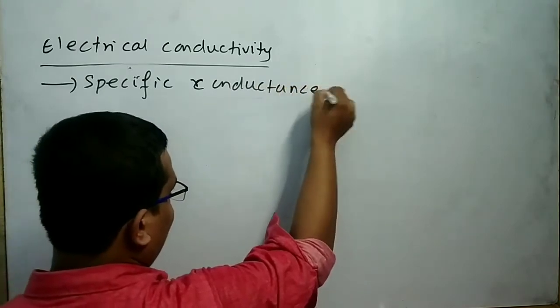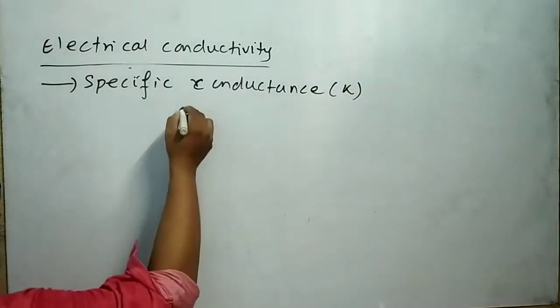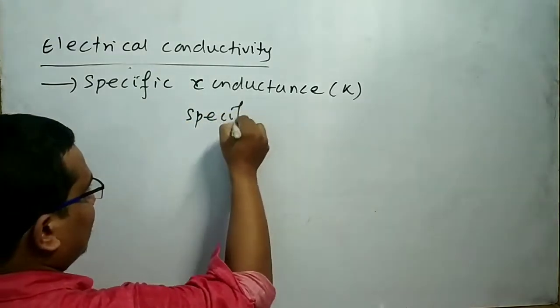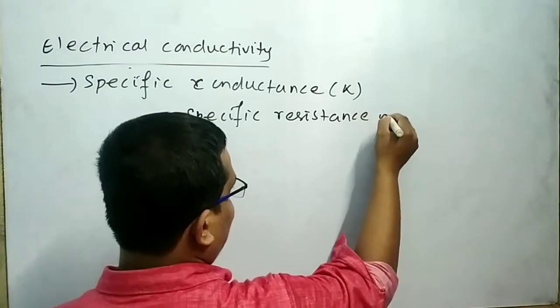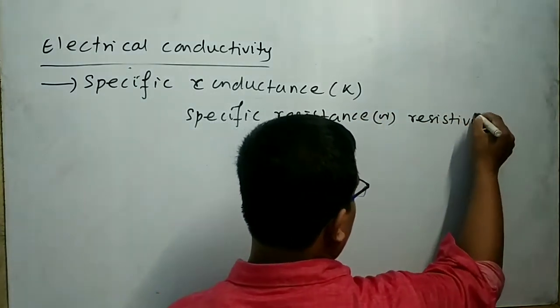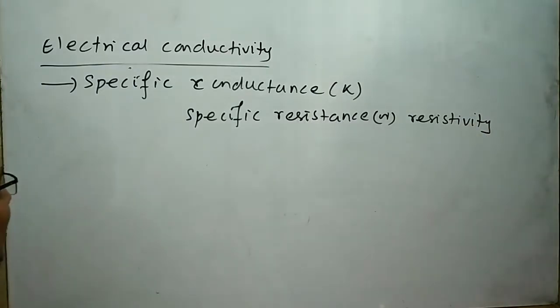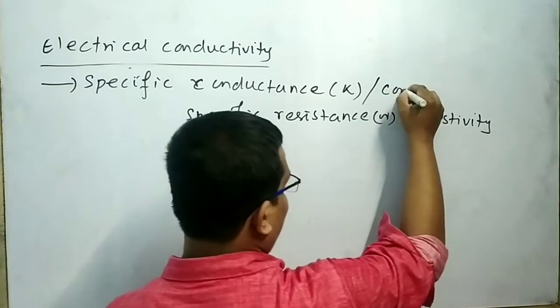Next I will explain the specific conductance. It is denoted by K. It is the reciprocal of specific resistance, also called resistivity. Similarly, specific conductance is also called conductivity.